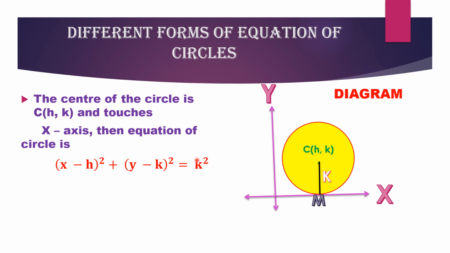Here radius equal to k because the perpendicular distance from the center to the x-axis is k. This is always equal to the radius also. Therefore here radius equal to k. Then the circle equation is (x minus h) whole square plus (y minus k) whole square equal to k square.